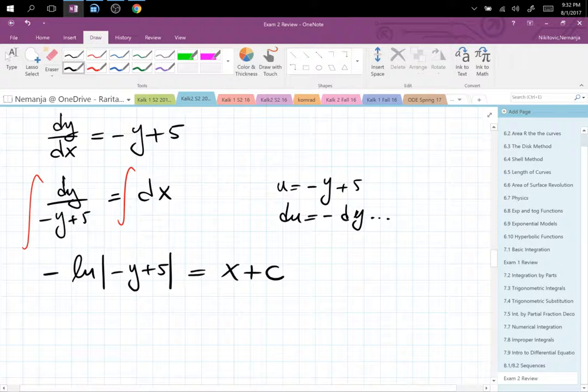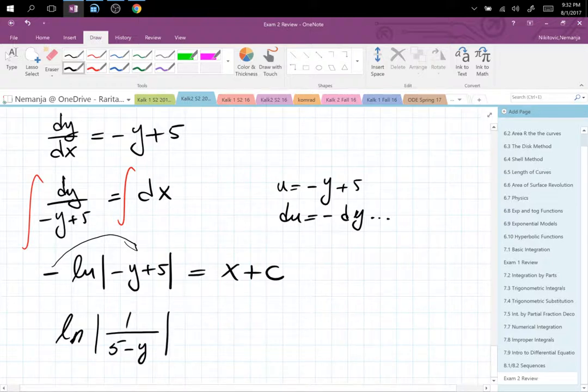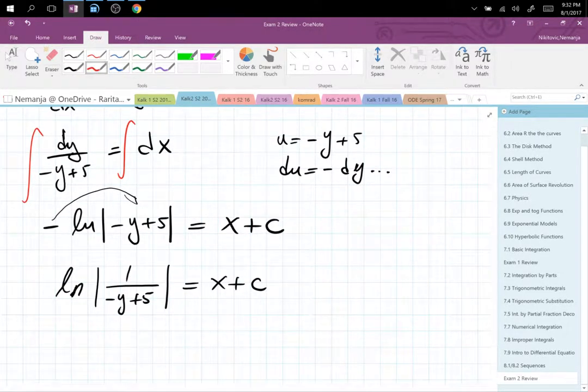The negative jumps in and makes the negative 1 exponent, which actually makes this 1 over, I want to write it 5 minus y because I can. So the negative in front of ln changed, flip the fraction. At this point, we exponentiate both sides.